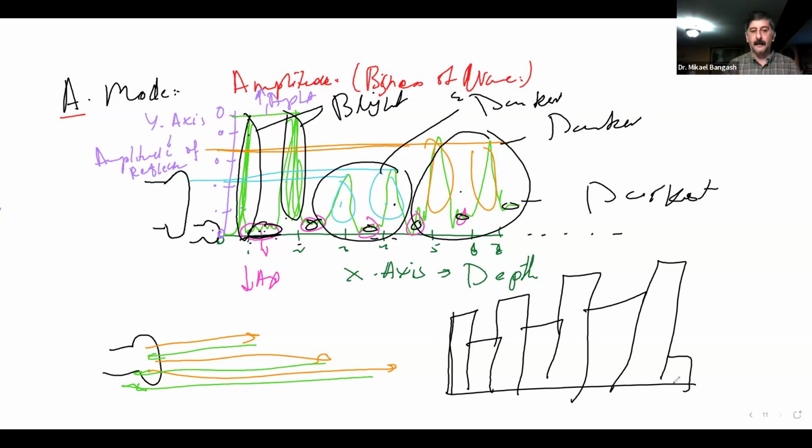Did you guys get that? Now, please keep in mind, guys, this depth here is going to be directly proportional to the PRP, and of course inversely proportional to PRF.